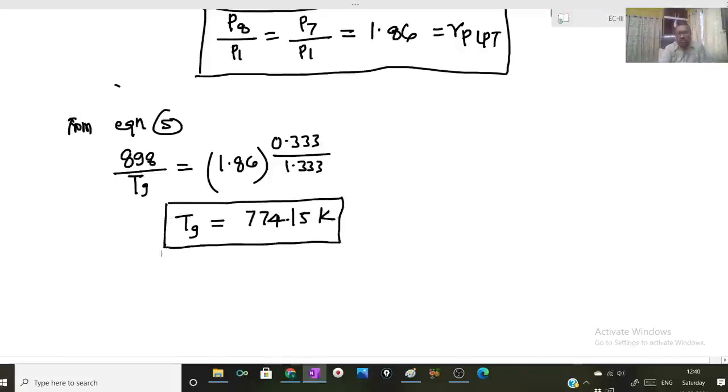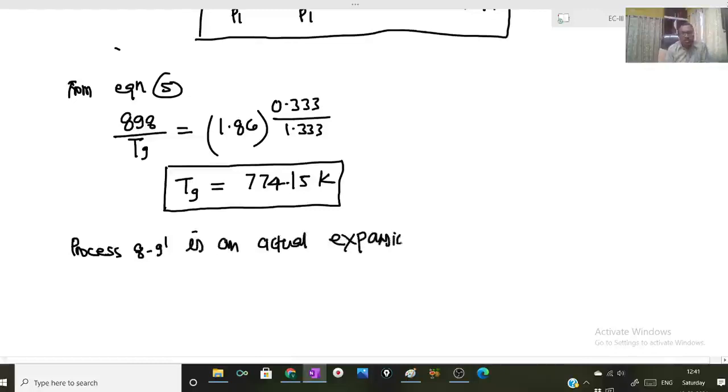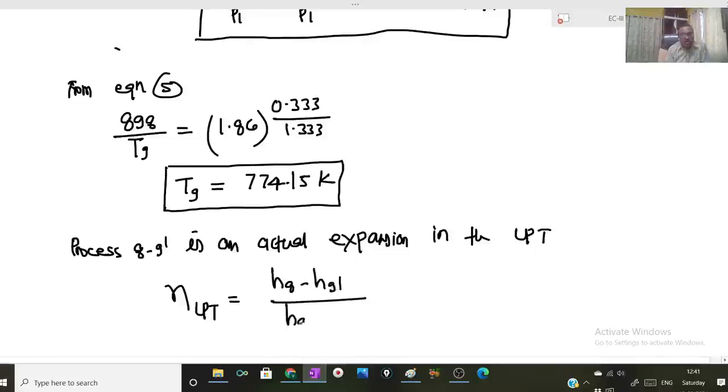Now consider process 8-9 dash, and process 8-9 dash is an actual expansion in the LPT. So efficiency of LPT will come into picture, that is H8 minus H9 dash over H8 minus H9.